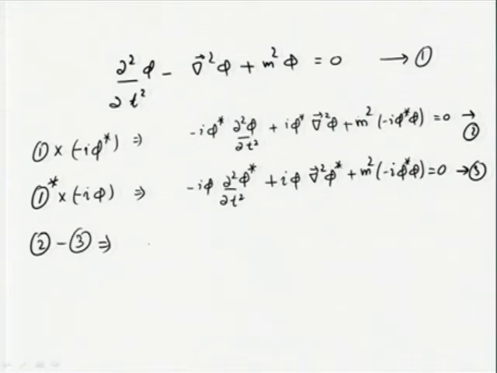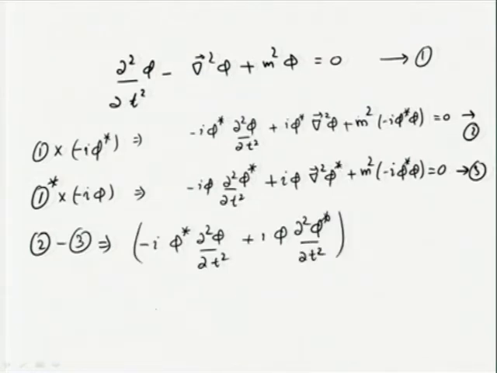The others are minus i phi star dou square phi by dou t square plus i phi dou square phi star over dou t square. Now, plus i phi star grad square phi minus i phi grad square phi star equal to 0.